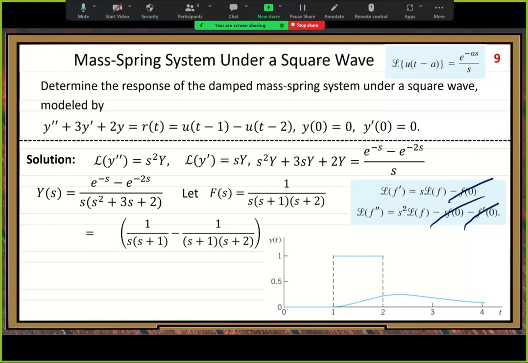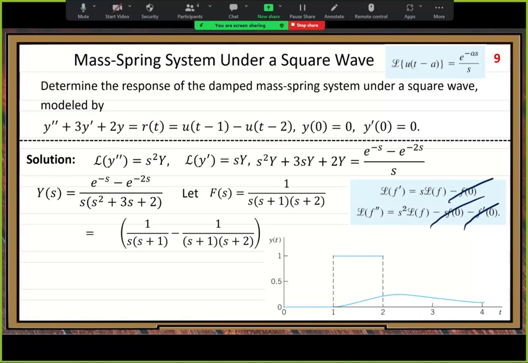Now we want to split. Some of you may feel you need to use a partial fraction way to write the decomposition, right? Although you can use partial fractions, here I can use my eye to split in this way. First fraction, 1 over the denominator s plus 1.